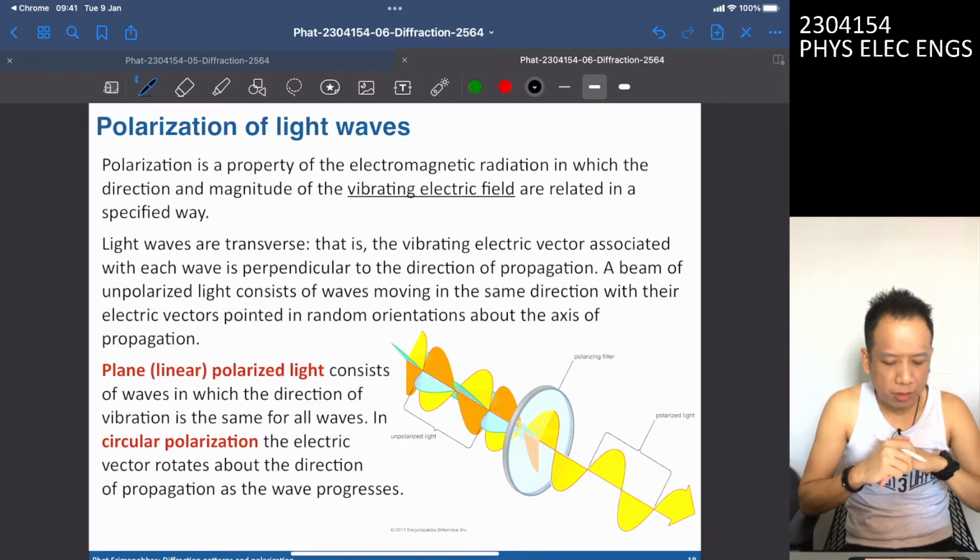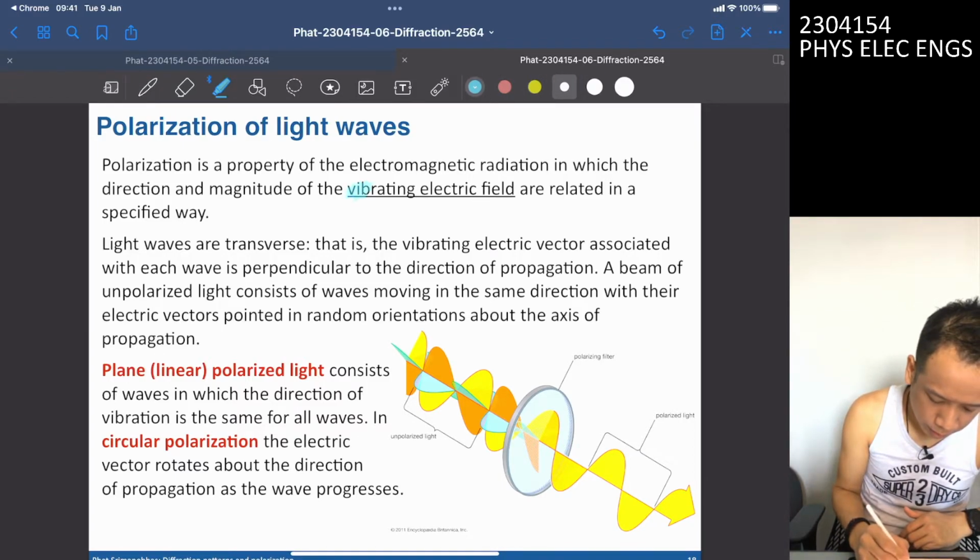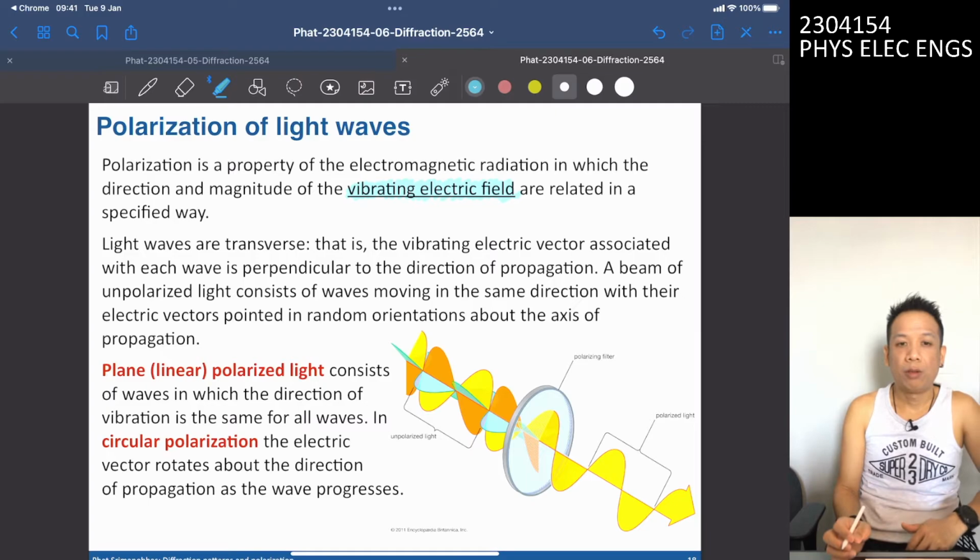The polarization of light is basically a property of the EM wave, electromagnetic radiation, and it tells you the direction of the vibration of the electric field.